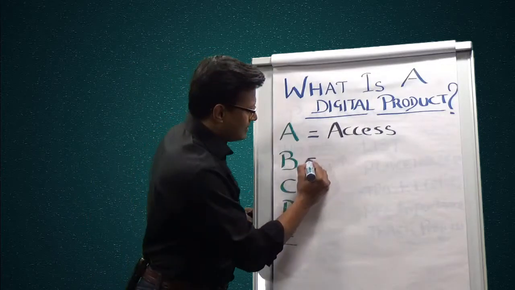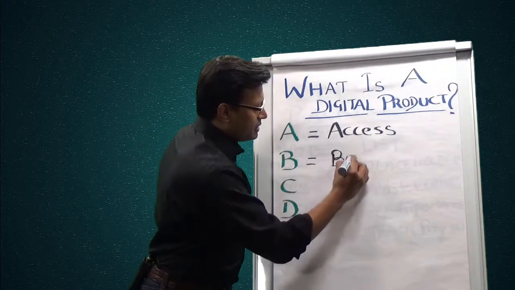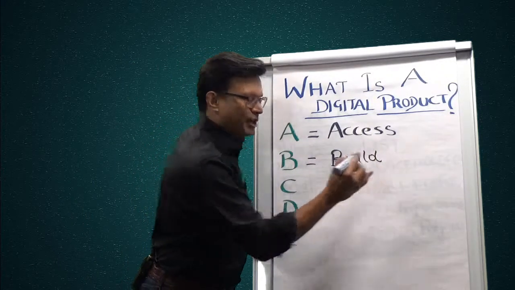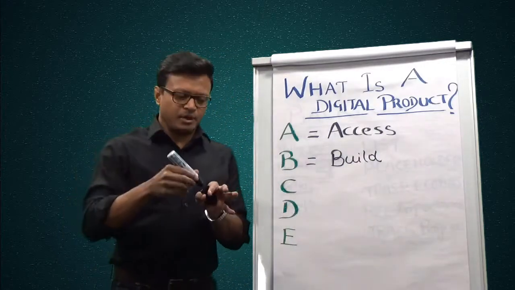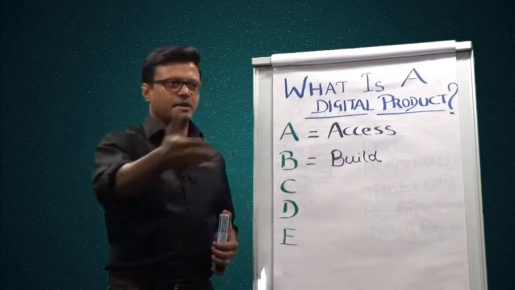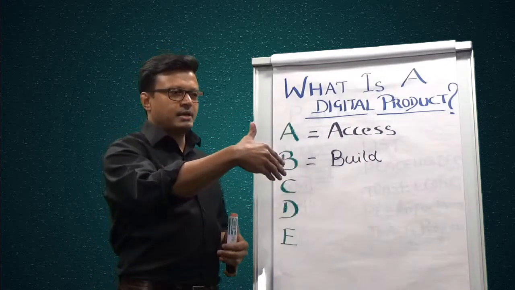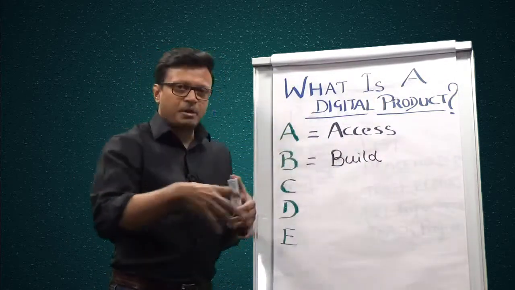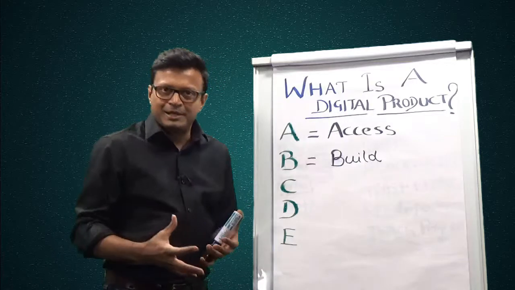Second is, how do you actually build a digital product? A physical product gets manufactured in a factory, in an industry, or inside a small cottage firm, with people building it using physical raw materials.